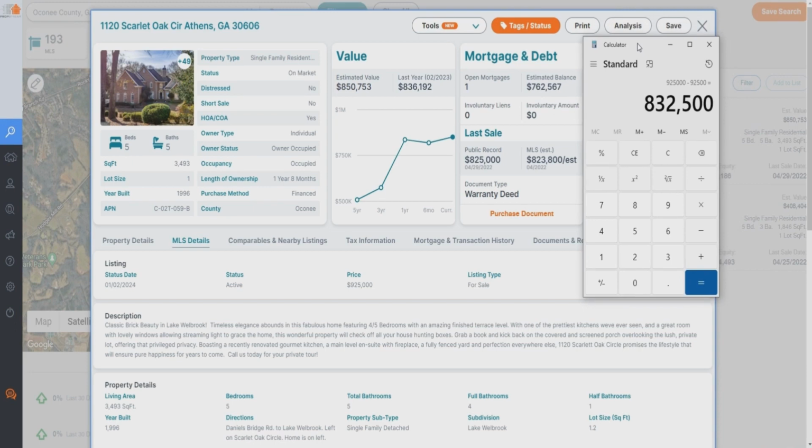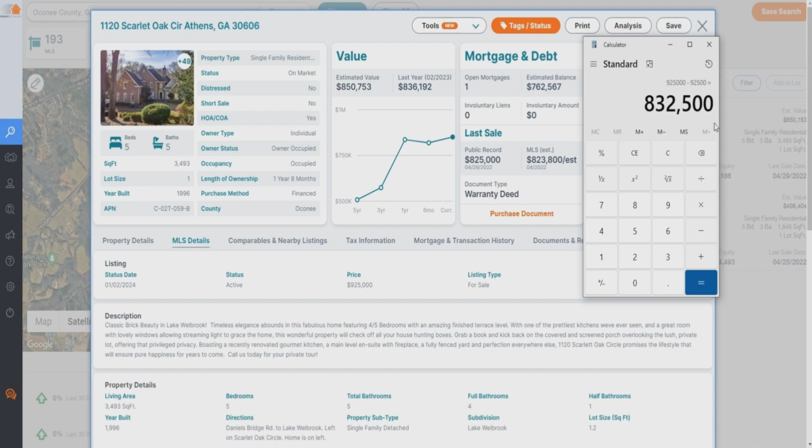So normally when I'm looking for subject to leads, I want to take the list price, take away 10%, and if I can give all of the seller's equity at closing, then that is a perfect sub to. That would be 100% sub to, and there would be no seller carryback.